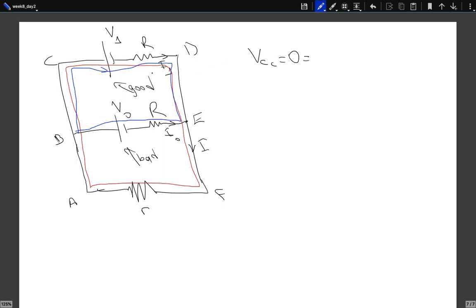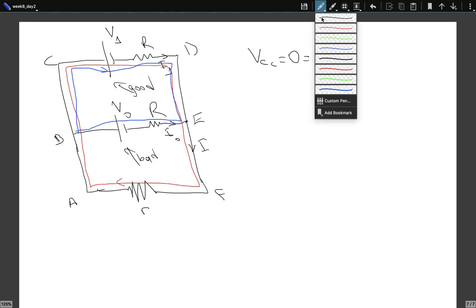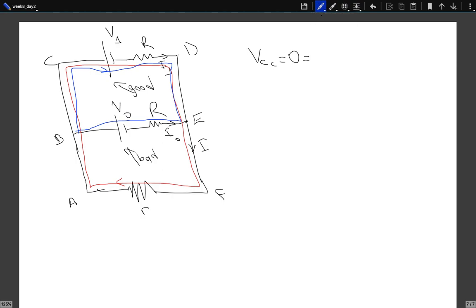We are moving in this direction. From the point C to the point after the battery, before the resistor, what is the potential drop? V1. What is the potential drop across that resistor? I1 times R.